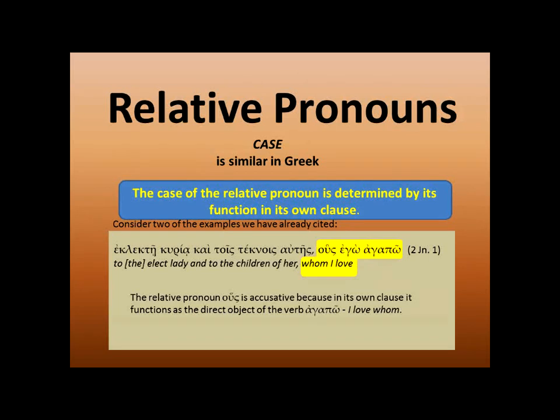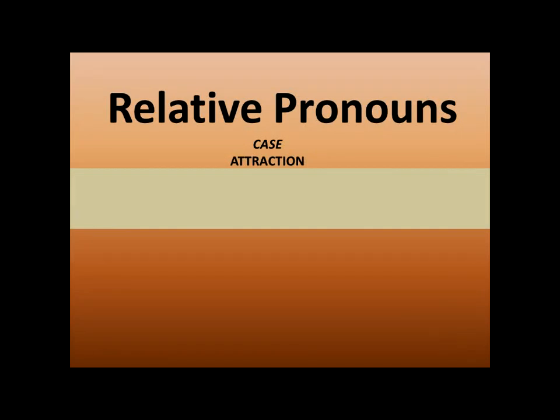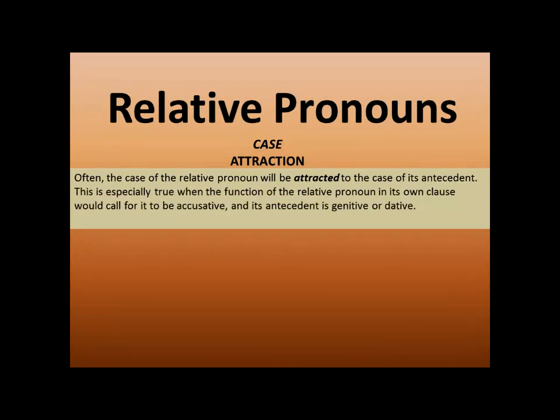I'm going to drive that point home here because the very next thing that I'm going to do is tell you there's an exception to this, and it's an exception that occurs frequently. Often, the case of the relative pronoun will be attracted to the case of its antecedent. So now we have just learned that the case of the relative pronoun is determined by its function in its own clause, and now I'm going to tell you that very often that's not the case. This is especially true when the function of the relative pronoun in its own clause would call for it to be accusative.